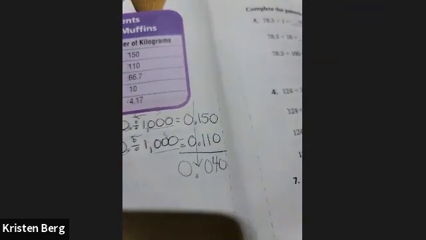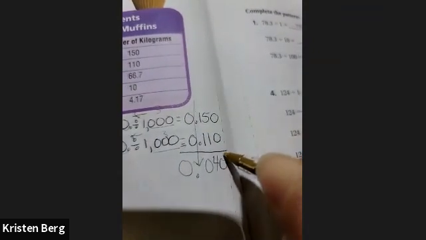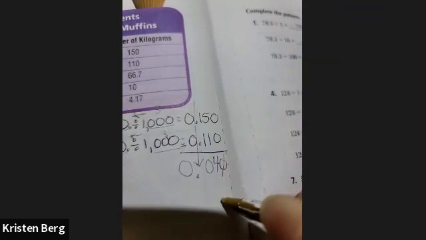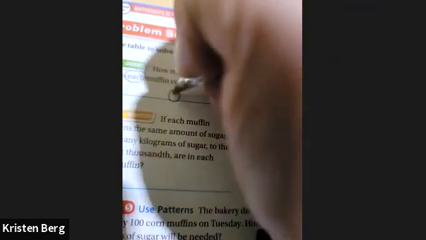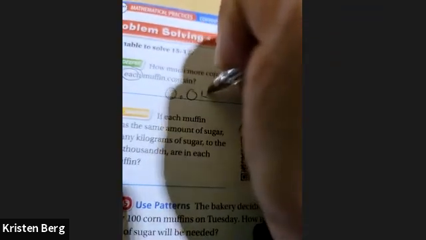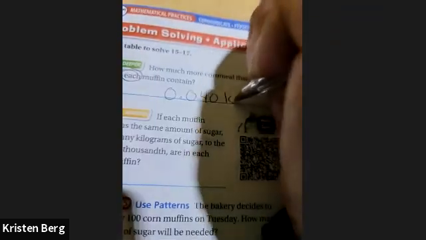And then that would be a 0. So you could have said 40 thousandths of a kilogram, or you could have just said 400ths of a kilogram. I am just going to come up here and say 40 thousandths of a kilogram.